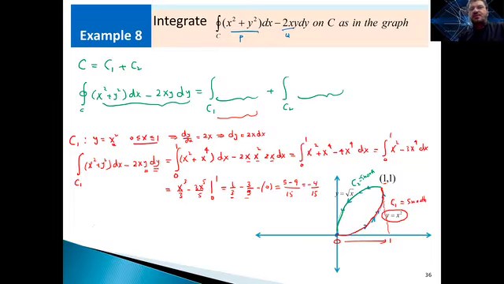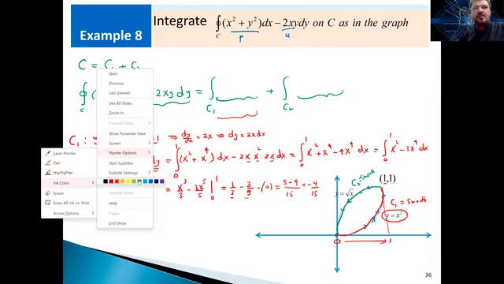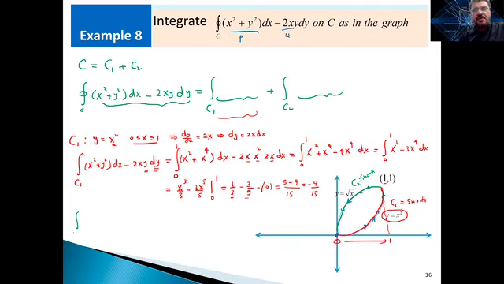Now let's go to the second one, guys, which is the green one. I'm going to go to the green one since I put it in green. Now, what's the integration along the curve C2 of x squared plus y squared dx minus 2xy dy? What do we know about C2? What function is bringing me back? It's root x. So y is equal to root x.